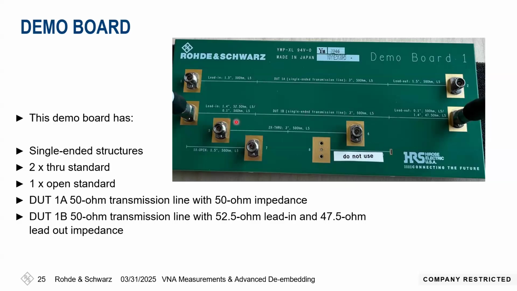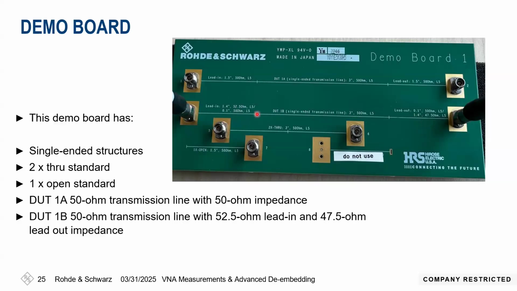And you can see the lead-in and lead-out are deliberately designed with different impedances than the transmission line. So our transmission line is 50 ohms, and we have a lead-in which is around 52.5 and a lead-out which is 47.5.